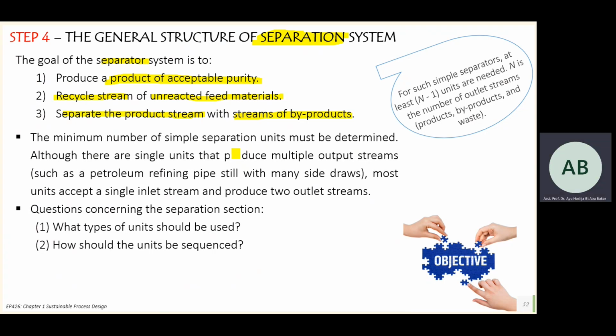How do you determine how many unit ops or separators that you require?